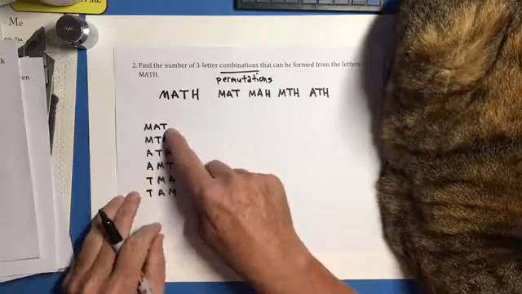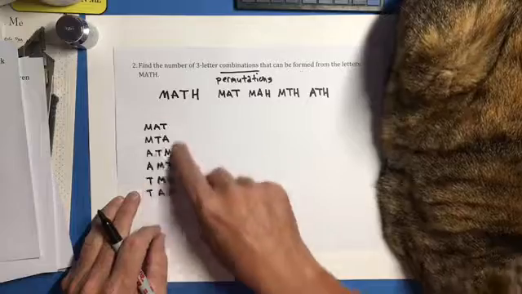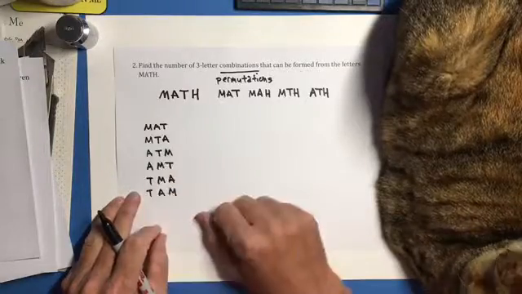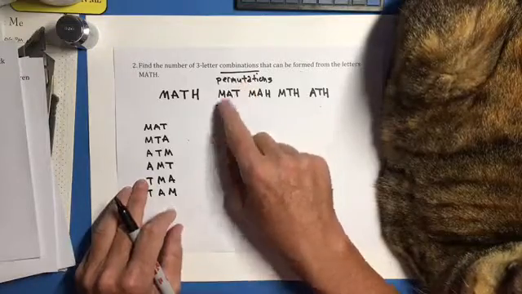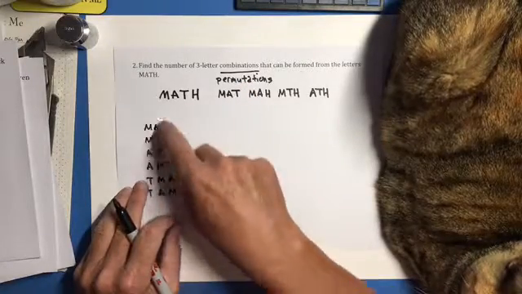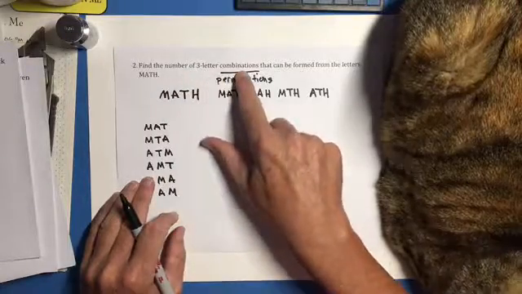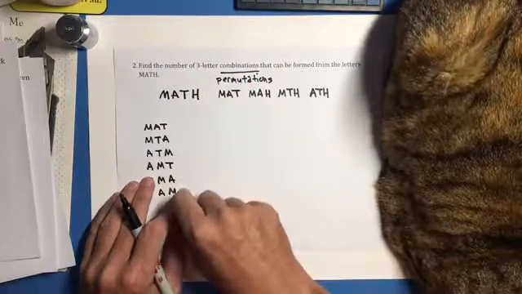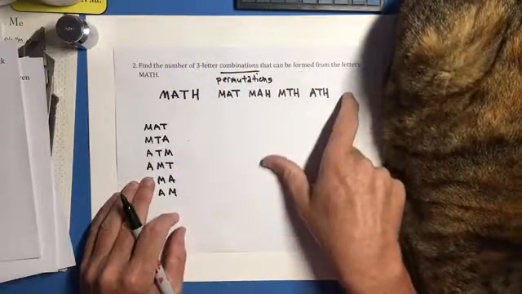That means MAT is the same as MTA, ATM, AMT, TMA, and TAM. Those are all considered the same 3-letter combination. The order that they're in is immaterial. With the permutation, order would matter. All these would be considered distinct. So if the question is find the number of 3-letter permutations, the answer would be 24. Since it's combinations, the answer is only 4.